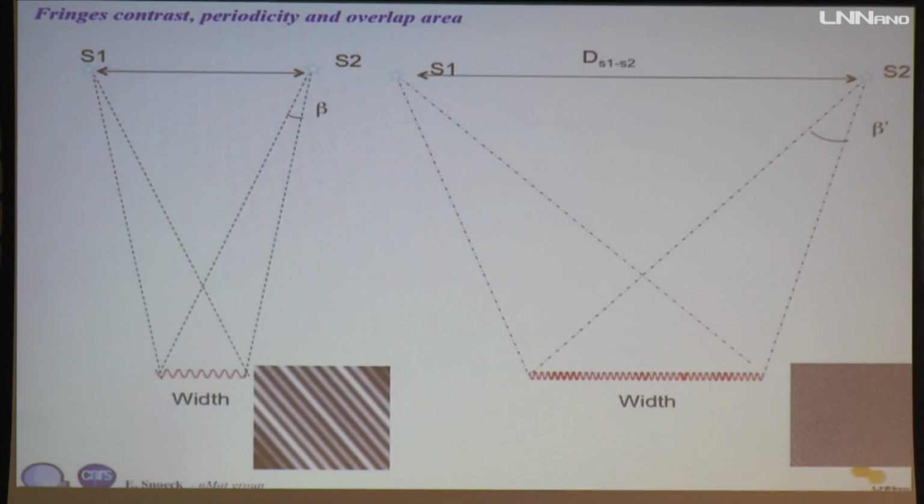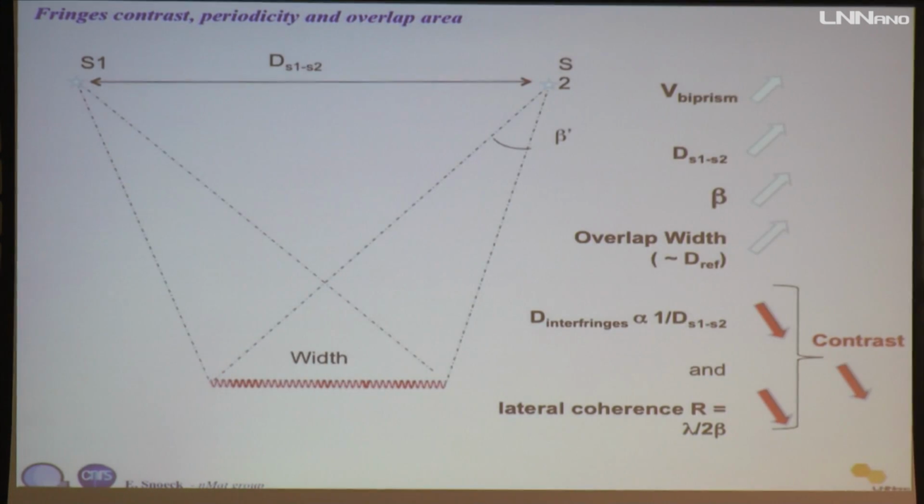Okay, so these are like two Young's sources, which give these holograms. And as I said, if you increase the biprism voltage, you increase this distance, you increase this beta angle, you increase the overlap width, but you decrease the interference fringes and you decrease the contrast.